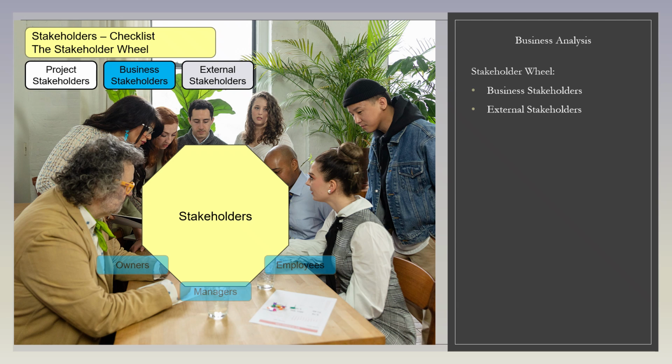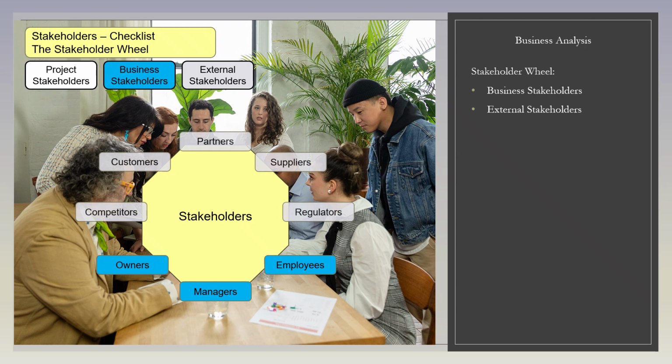So business stakeholders might include business owners, managers, and employees. External stakeholders might include customers, business partners, and others as shown here. The stakeholders for a given project will of course vary, and this is not an exhaustive list, but it is a very good starting point.